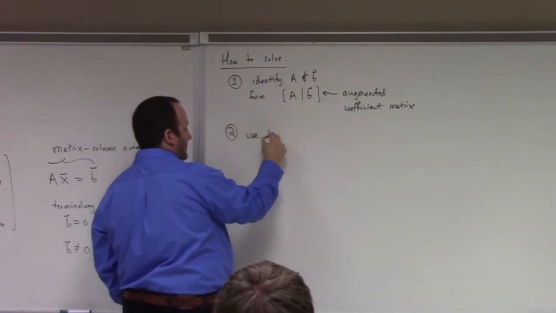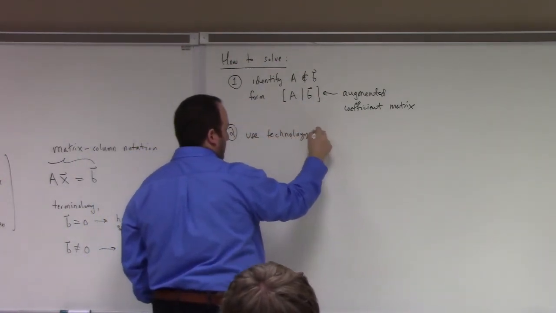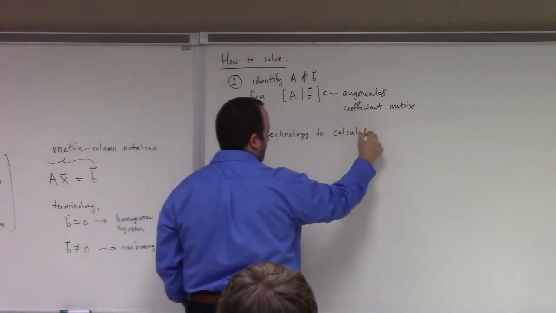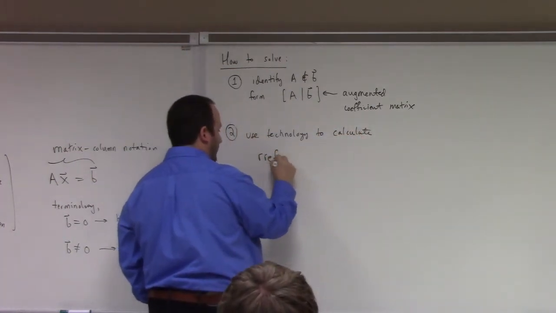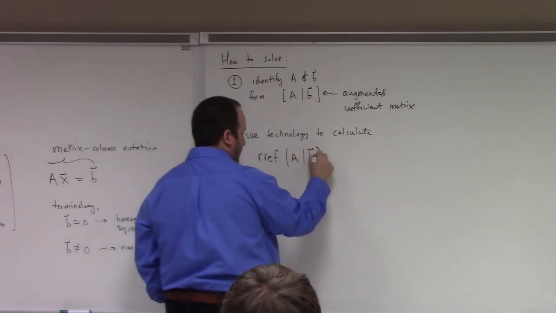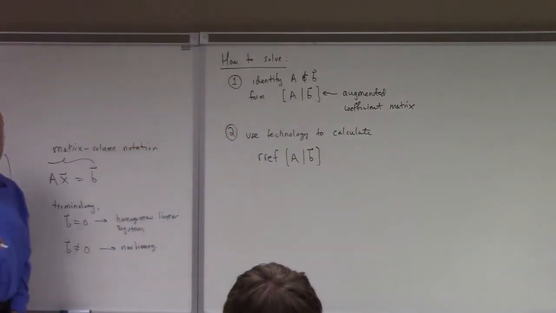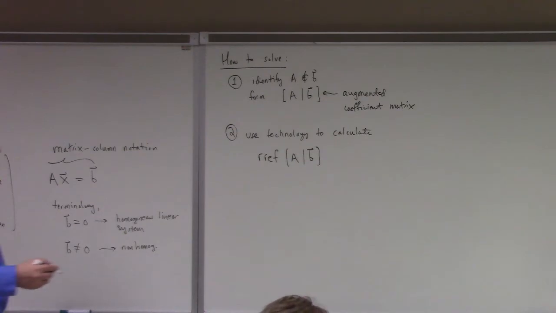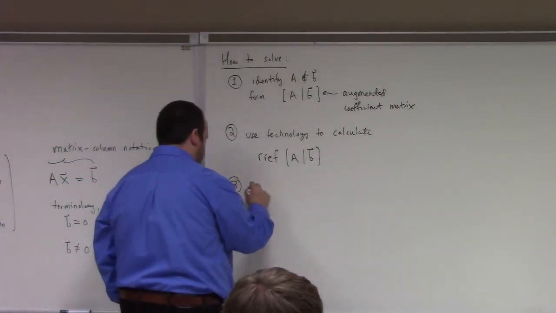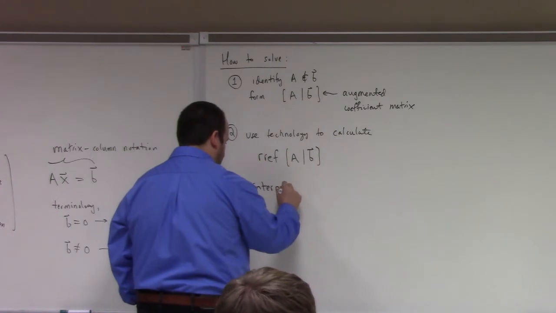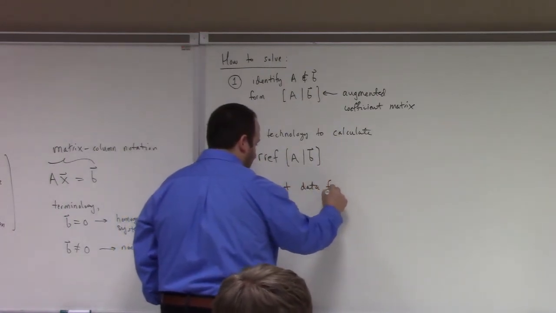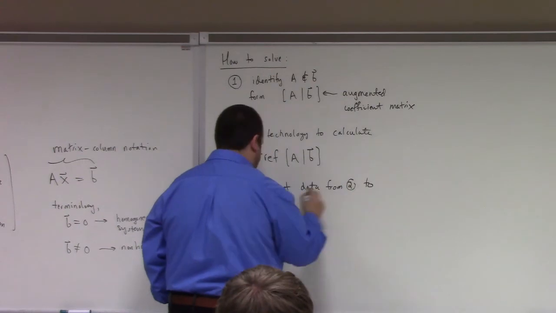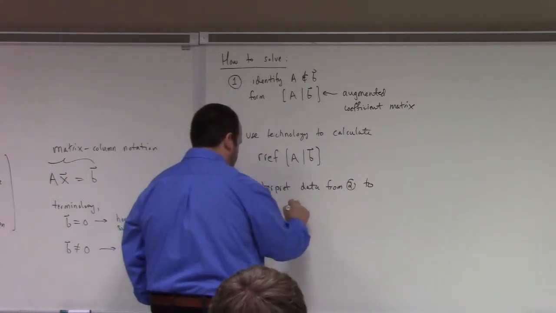Use technology to calculate the reduced row echelon form of your augmented coefficient matrix, or the RREF. In step 3, read off the answer. Interpret data from step 2 to write the answer.